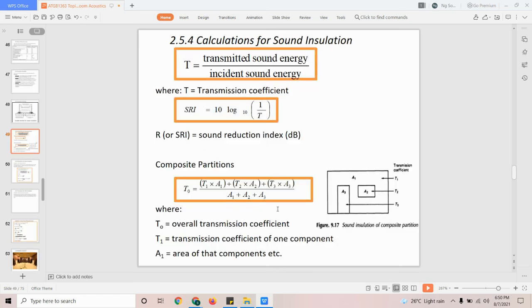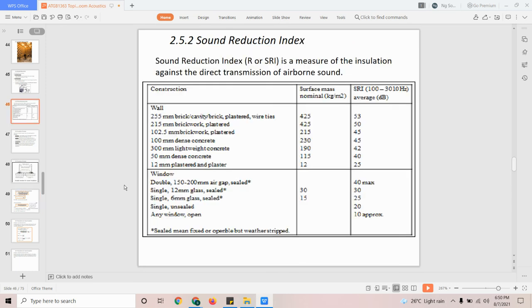Okay, coming next to this formula. In our construction, based on this table, we know that a typical wall is not made of only one material.